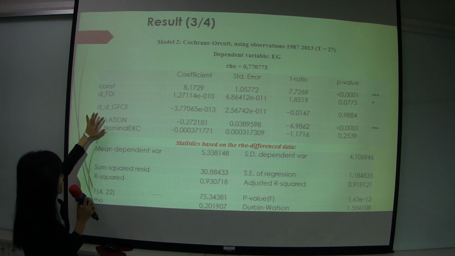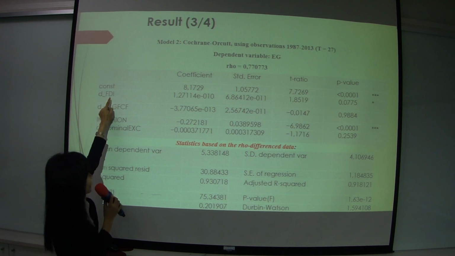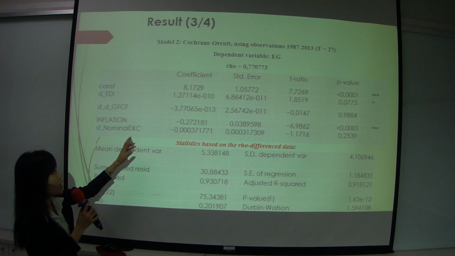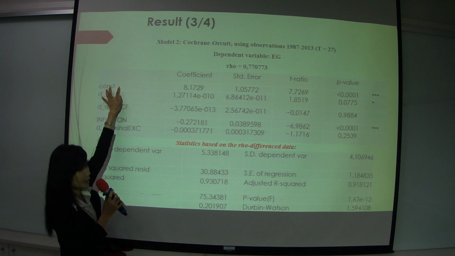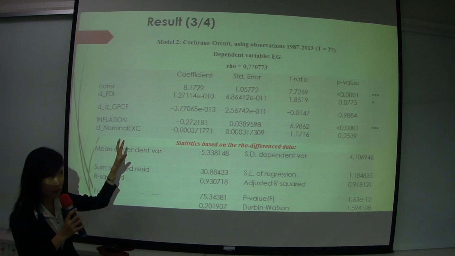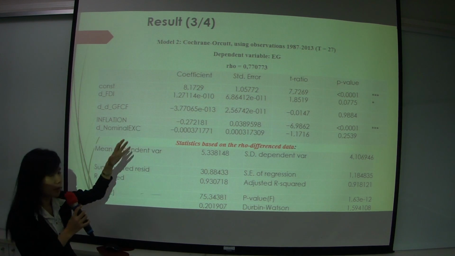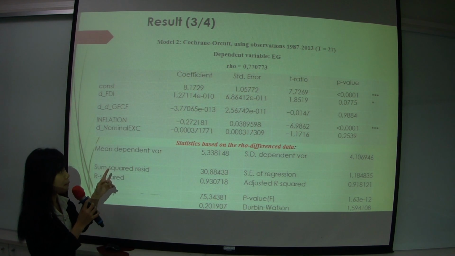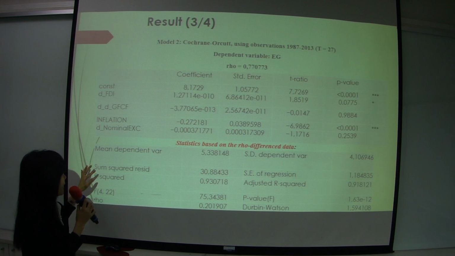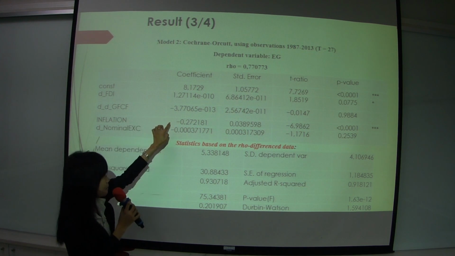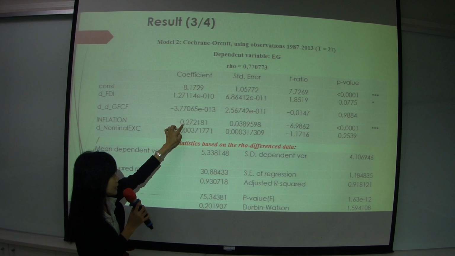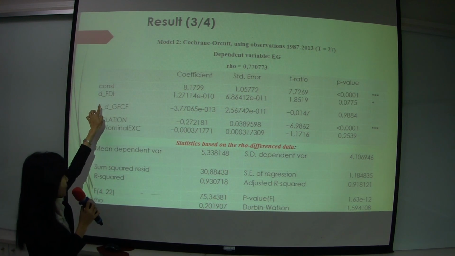So let's take a look at the main results. Here we can see that the FDI has a positive and significant relationship with the GDP, the dependent variable. So these numbers mean that a 1% increase in FDI will raise the GDP by 1.27%. Also inflation has a significant but negative relationship with the GDP.